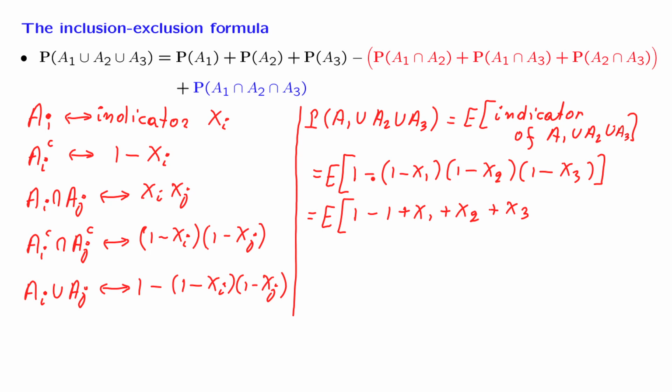And if you look at the minus signs, there are three minuses involved, so overall it's going to be a minus x1 times x2. And then there are going to be similar terms such as x1, x3 and x2, x3. And finally, there's going to be a term x1 times x2 times x3. There's a total of 4 minus signs involved, so everything shows up in the end with a plus sign.